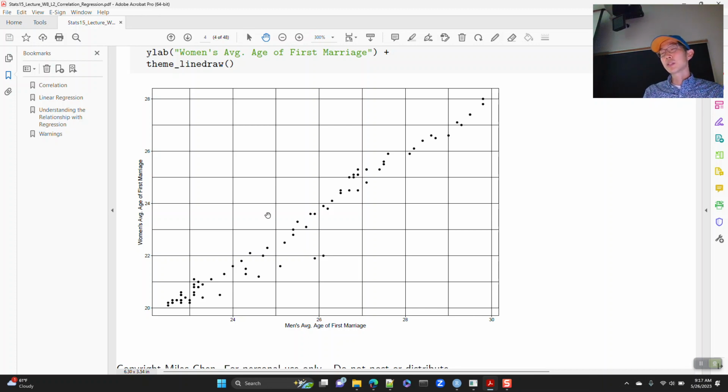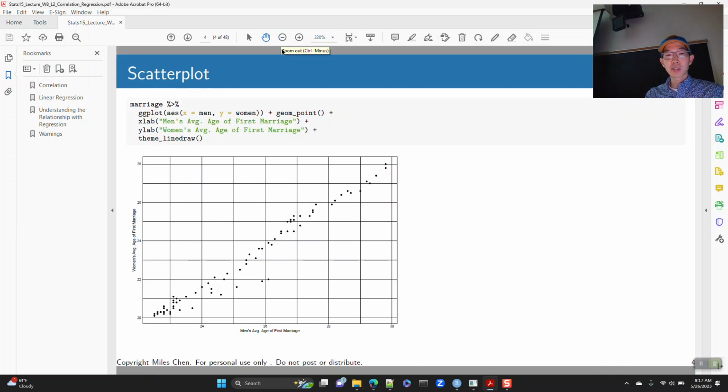And in years where men's average age of first marriage is low, those also correspond to years where women's average age of first marriage is low. We don't really have any instances where men's average age was much higher and women's average age was much lower, or the reverse. This is just the trend that we see in the data here, right? And so we'd say there's a strong relationship.